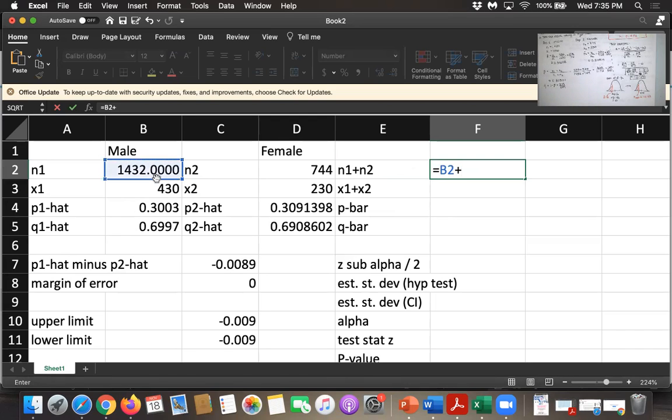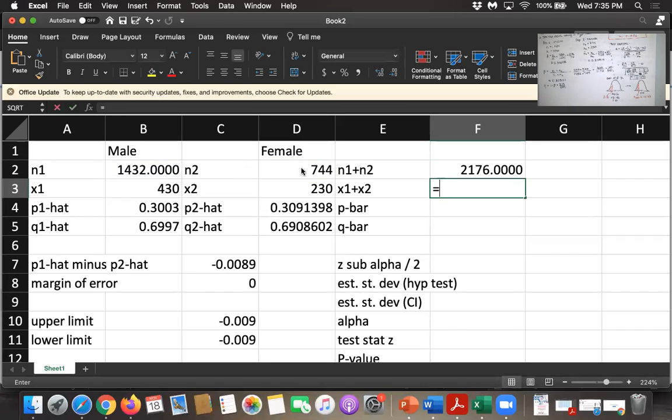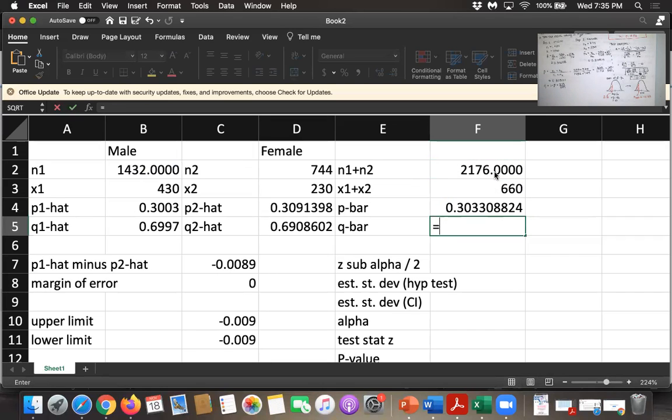The sample size in our new sample is just N1 plus N2. And then the number of calls that were overturned is X1 plus X2. Well, it's the number of calls that were overturned from men plus the number of calls that were overturned that were challenged by women. And then P bar is the number of successes in general over the sample size in general. And Q bar is 1 minus that value.